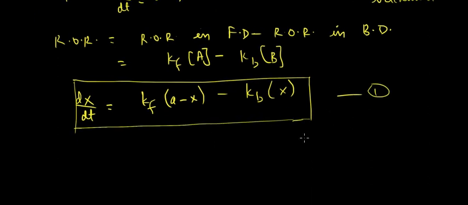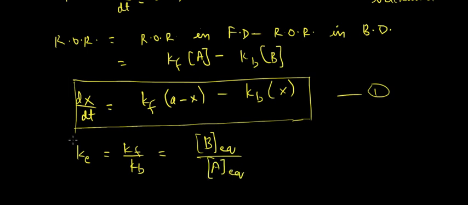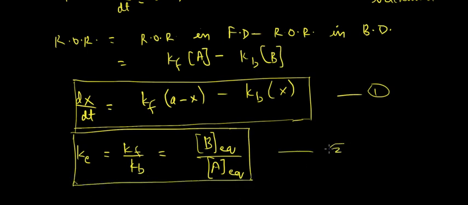And we already know that kf upon kb would be equal to concentration of B at equilibrium divided by concentration of A at equilibrium, this is nothing but the equilibrium constant. So we already know this fact as well from our past set of video lectures on physical chemistry.